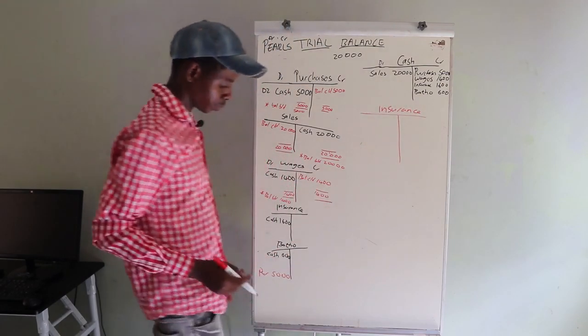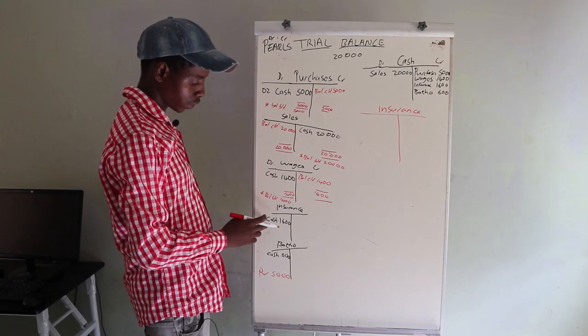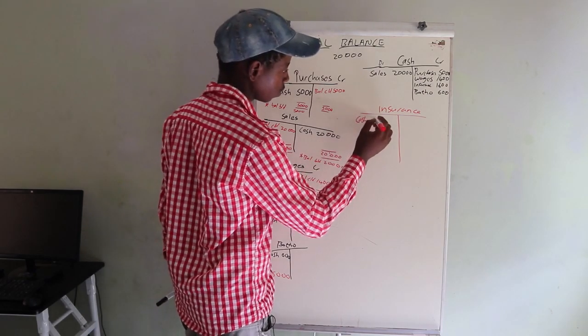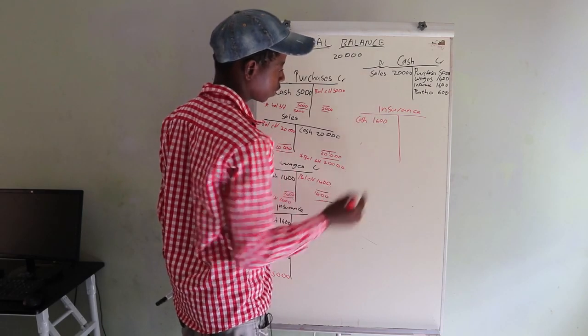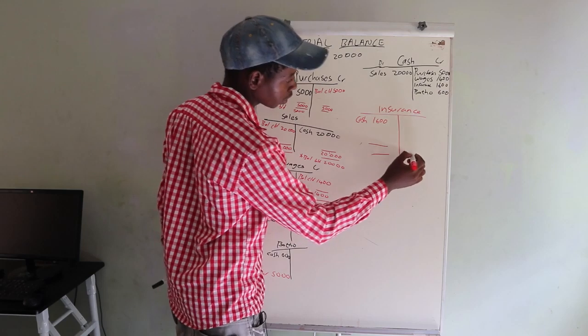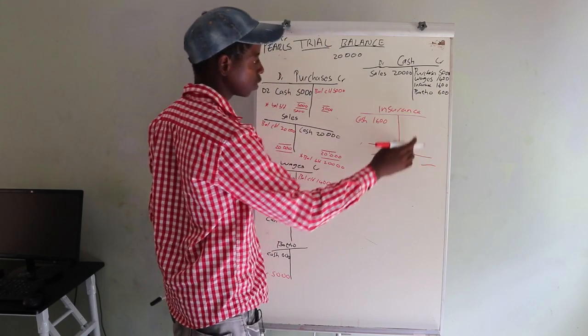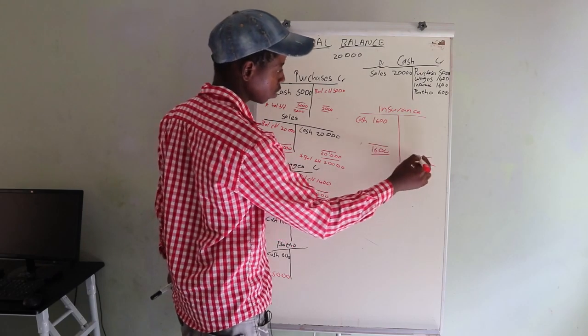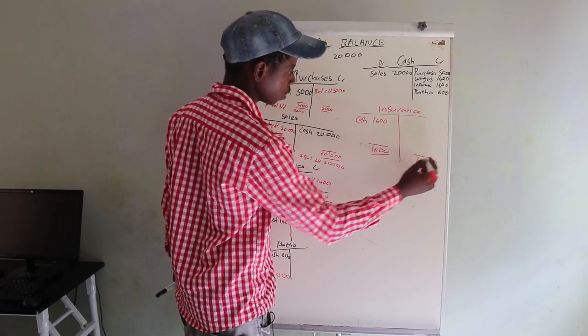Insurance, we have cash of 1.6. So we put the equal sign here to make these accounts equal. Since there's nothing here, we take 1.6, write it here, 1.6 here.